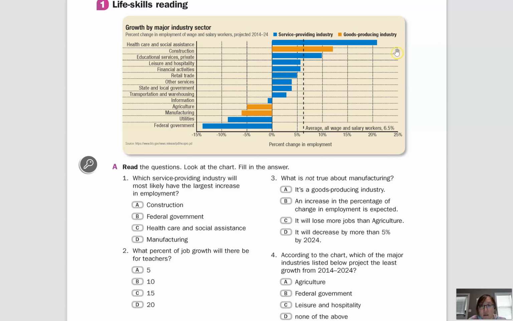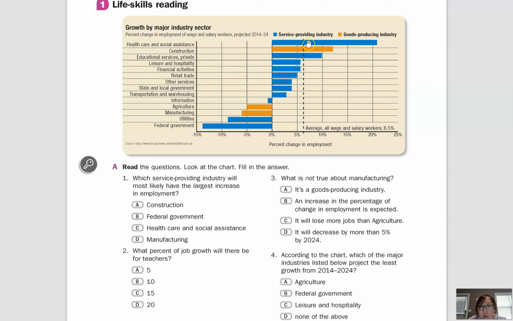Okay, let's look at the chart. As I mentioned, I wanted you to write definition sentences for each of these compound nouns. So what is a service providing industry? And what is a goods producing industry? So we can say a service providing industry is an industry that provides service, or we can say services. It's probably better.